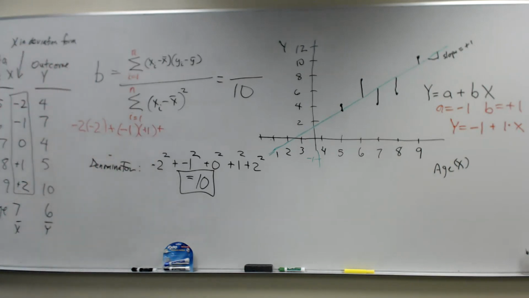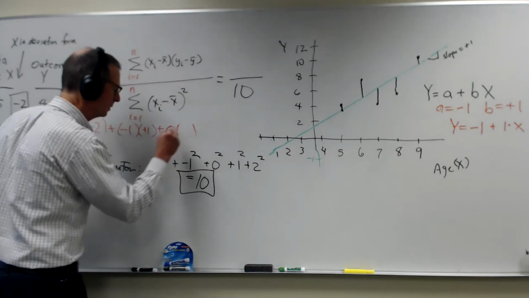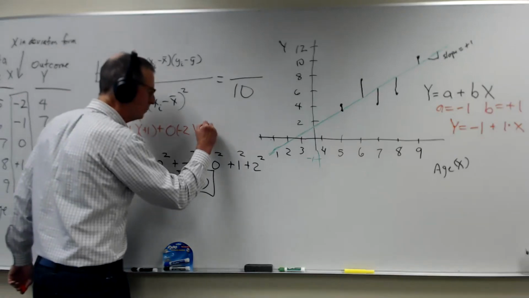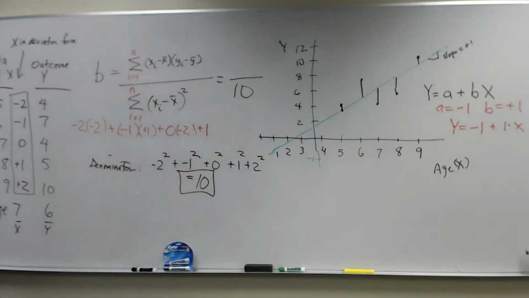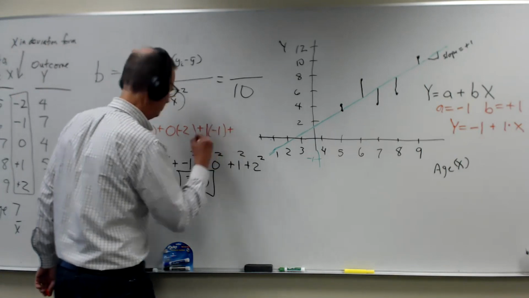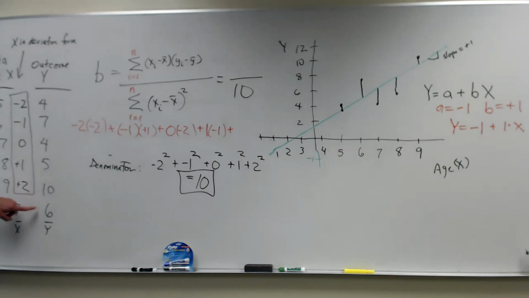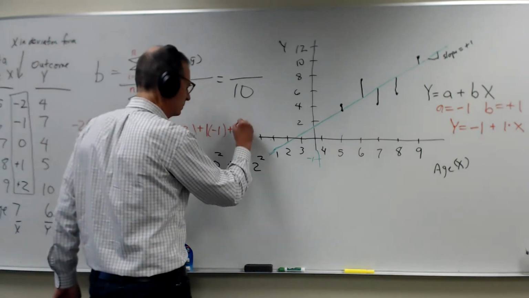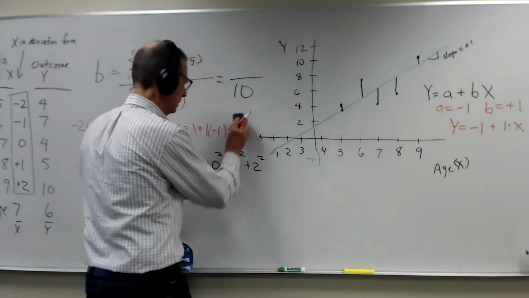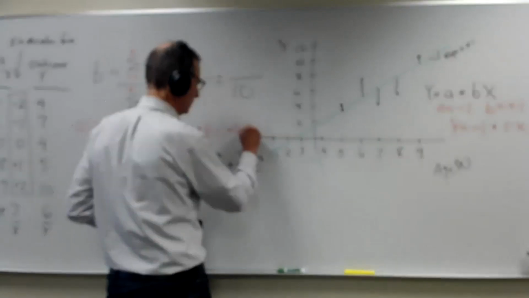Plus, what's xi minus x bar in the third observation? 0. 0 times 4 minus 6 is -2, plus y minus y bar is 1 times 5 minus 6 is -1, plus I've got a weight of 2 that we're attaching to 10 minus 6 is 4. So we've got +2 times 4.